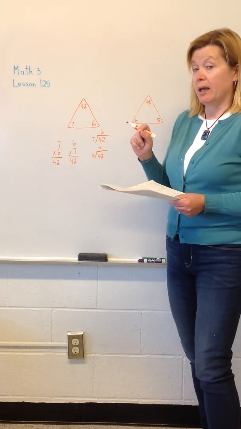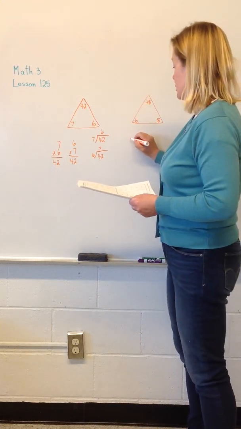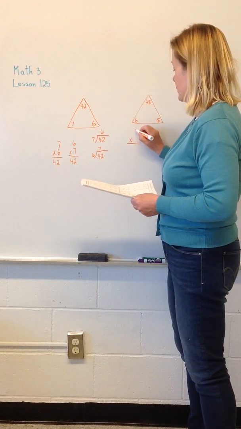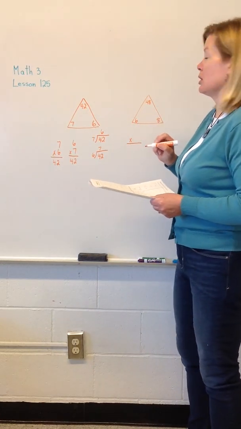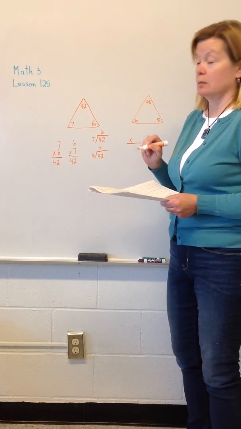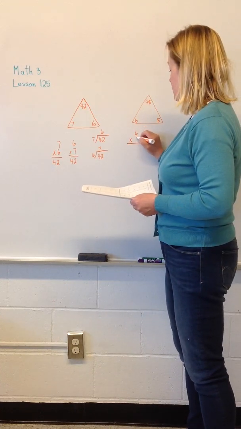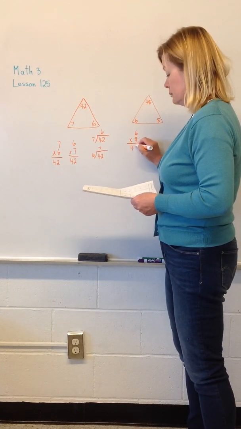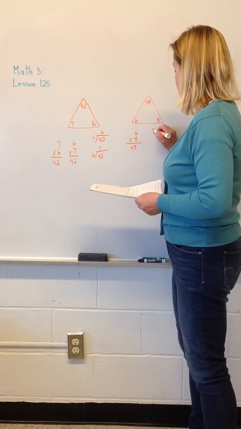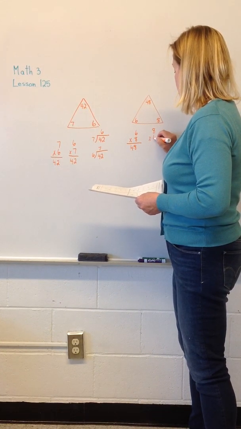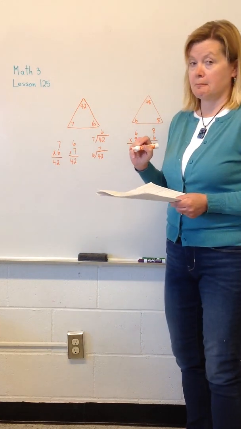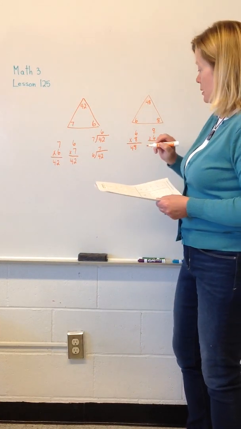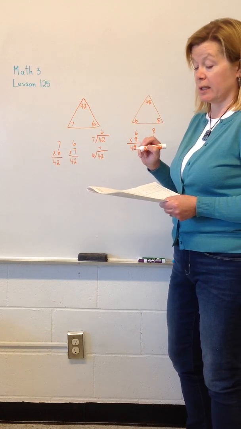Take a look how they have your question written. Your multiplication symbol is here, so that means that you need to do a vertical problem. So what are we going to write for our multiplication problems? We can say 6 times 8 equals 48. And then we can say 8 times 6 equals 48. Okay, on to the division section.